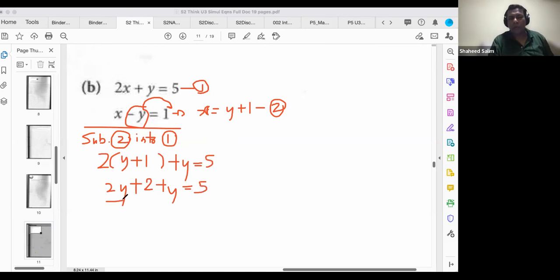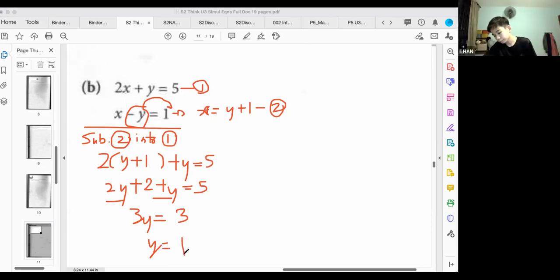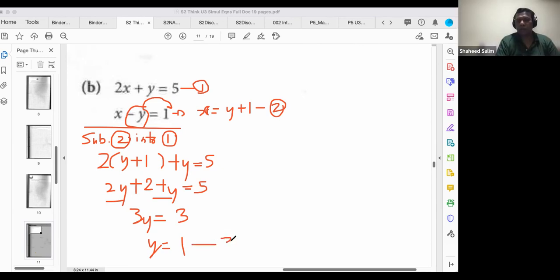So now 2y plus y is 3y equals to, bring the plus 2 over to that side, the minus 2. 5 minus 2 is 3. y equals to 1. All right. Yeah, then we call this what? We call this equation 3. So what are you going to do with equation 3?